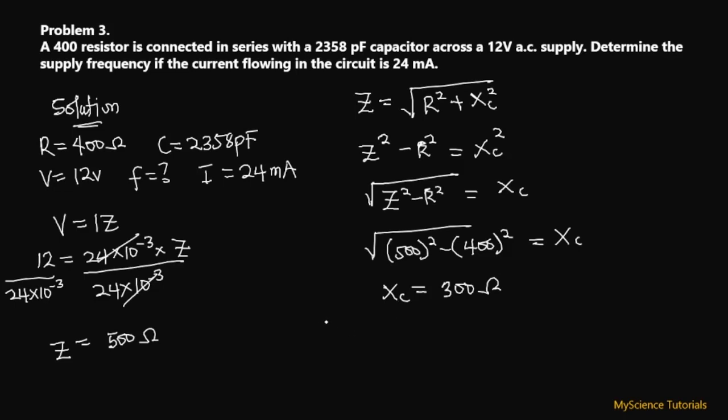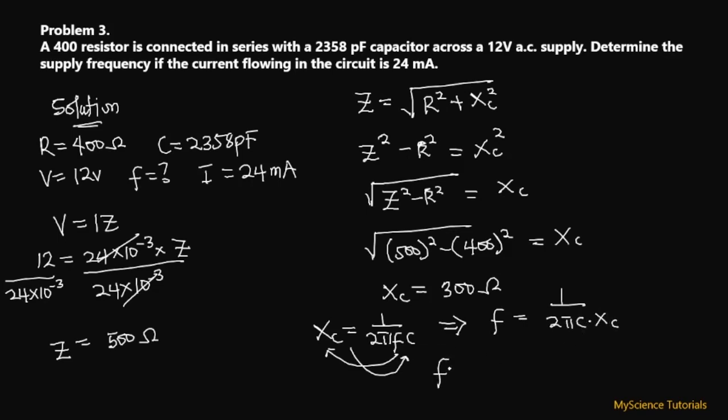But also from here, we know that our capacitive reactance is equal to 1 over 2 pi f c. But we are looking for the frequency. So if we make the frequency the subject, we interchange the position of the frequency and XC. So our frequency will be equal to 1 over 2 pi C multiplied by XC.